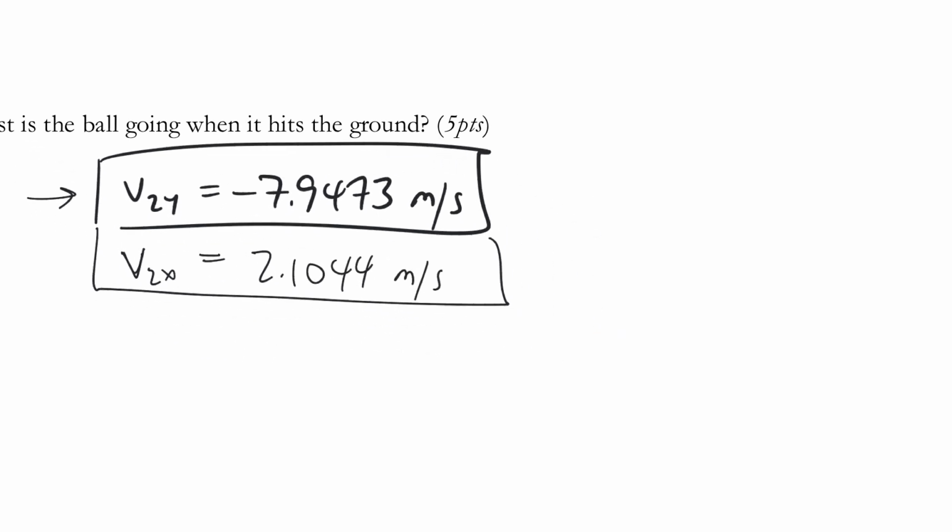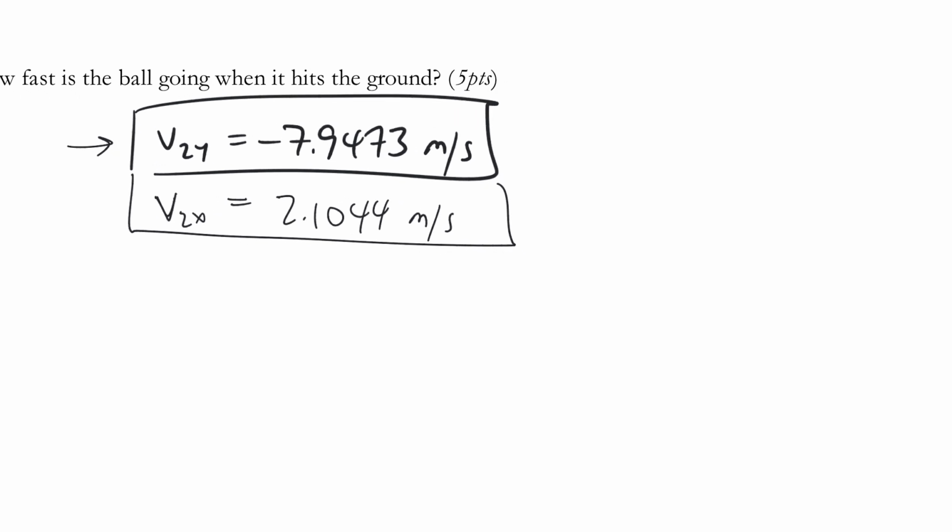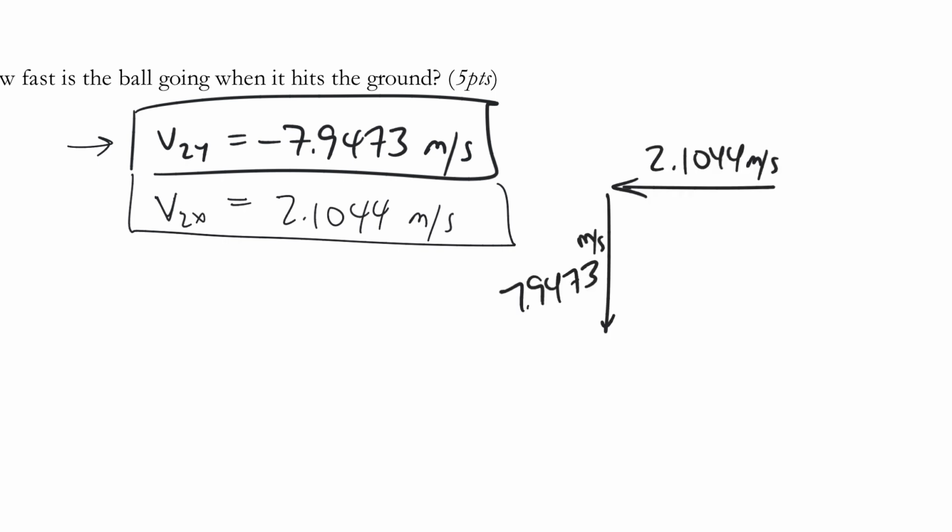So there's our triangle. Let's see. Remember, our x is positive this way as defined. So 2.1044 meters per second. Here's our y, tip to tail, 7.9473 meters per second. Here's our hypotenuse. Okay, and that's our v, right?